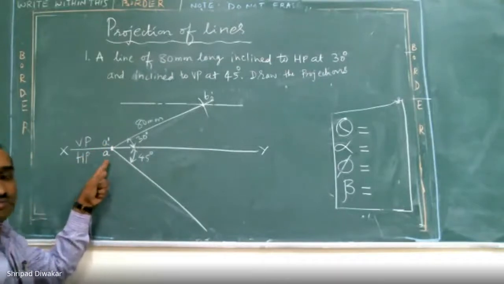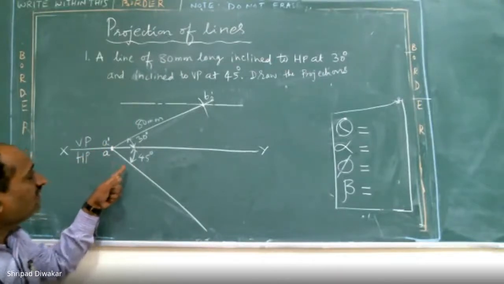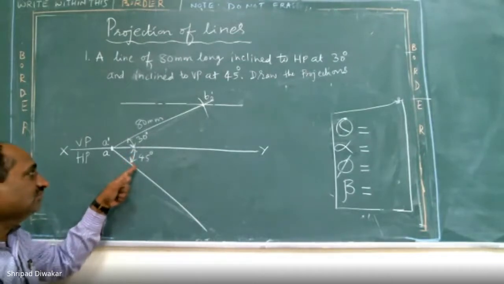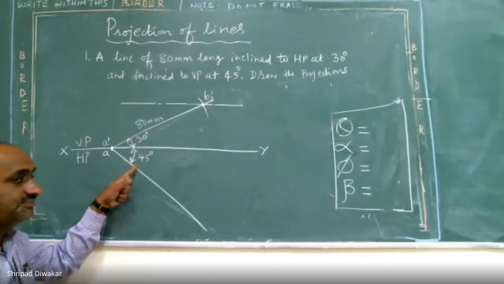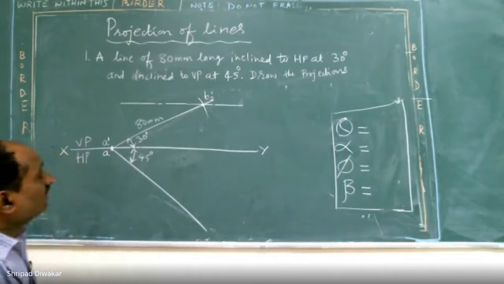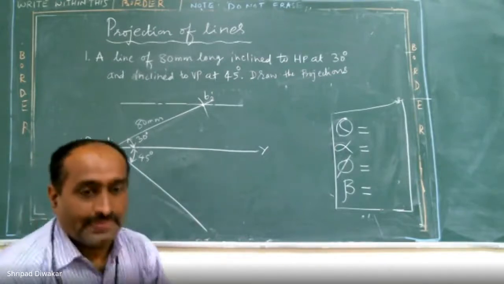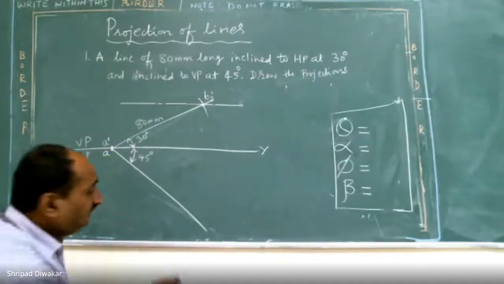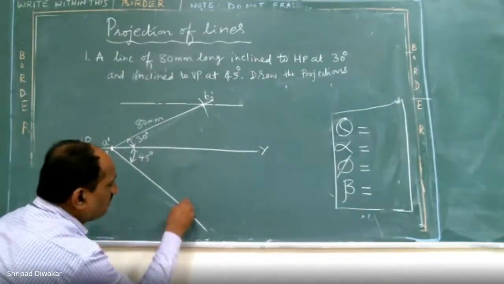Below the line, you mark it as A. Next step is to take the 45 degree angle and draw a line. Now, what is the next step? Take 80 mm as radius and draw an arc. Take A as center, 80 mm as the radius, draw the arc.